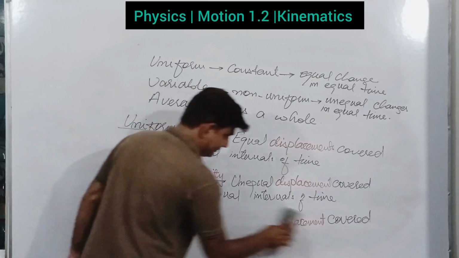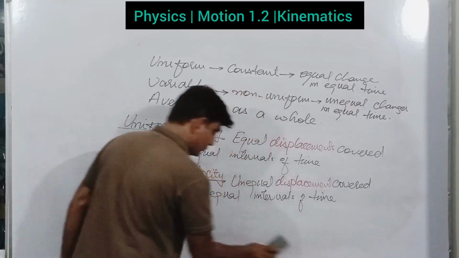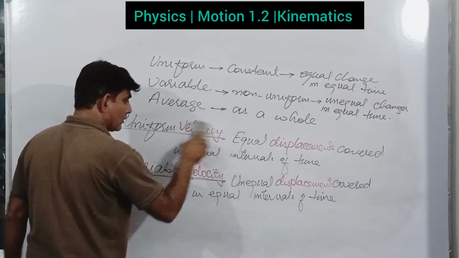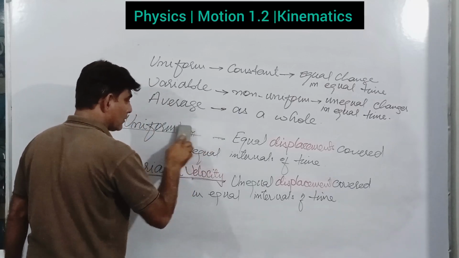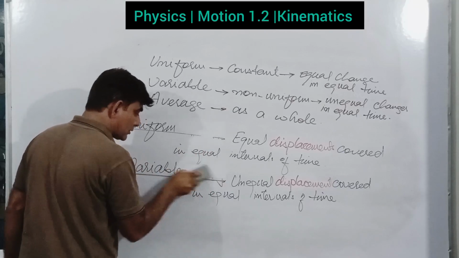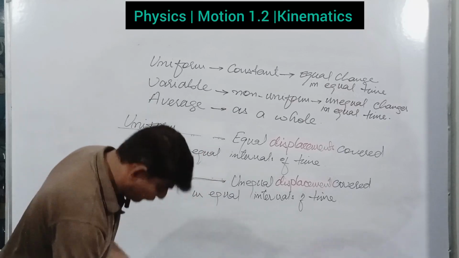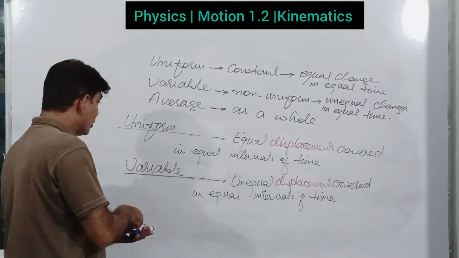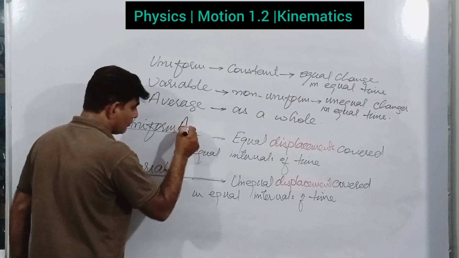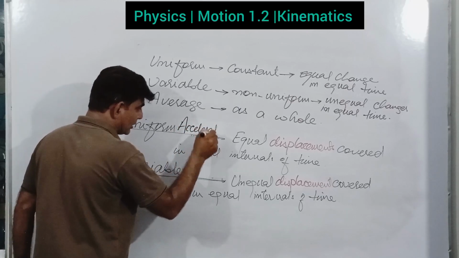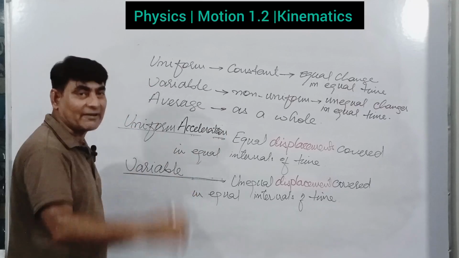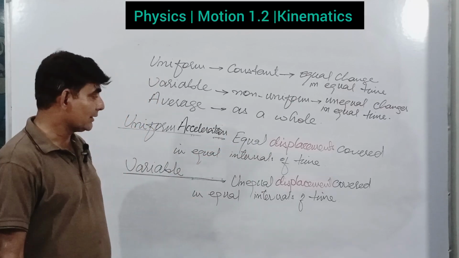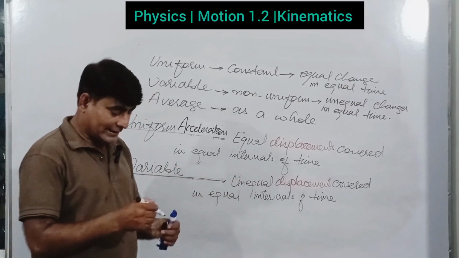Now, after it, about acceleration. If I replace these two words from uniform acceleration, if I'm going to write over here uniform acceleration, what would be the definition? Equal change in velocity in equal interval of time.